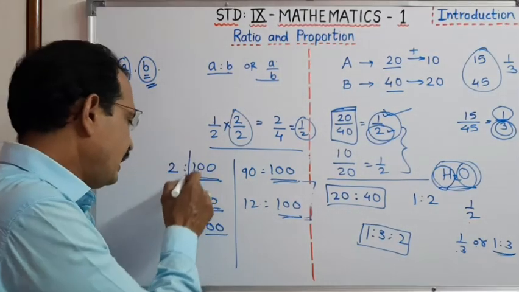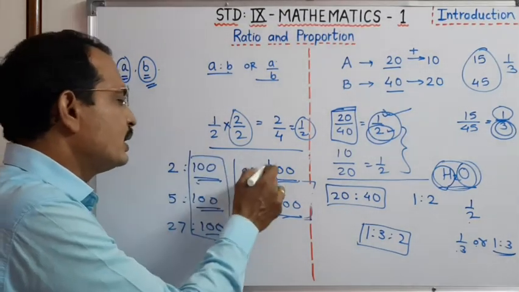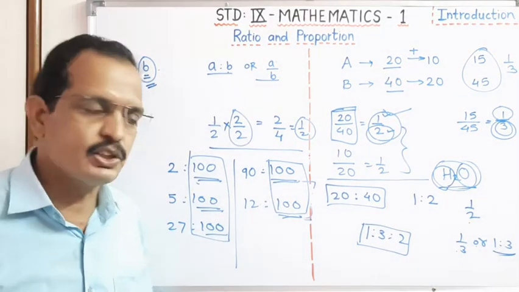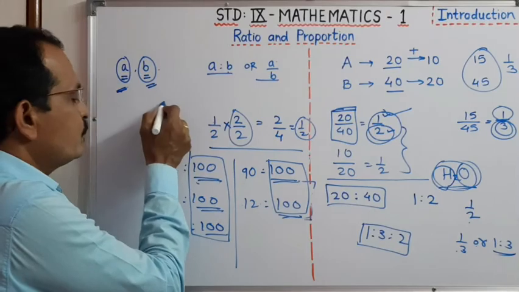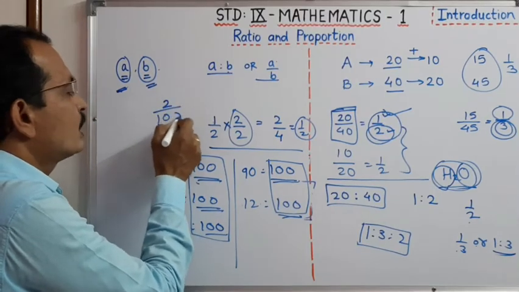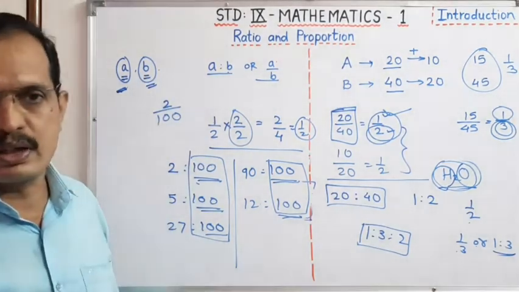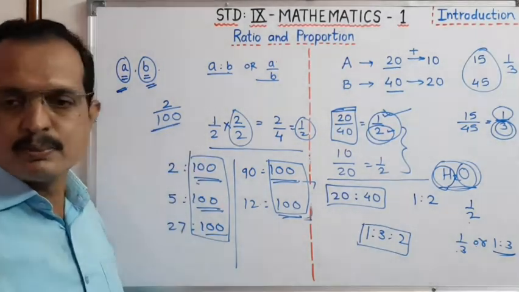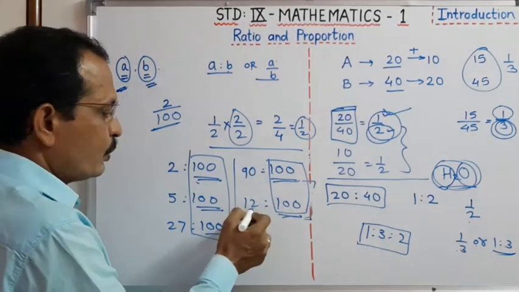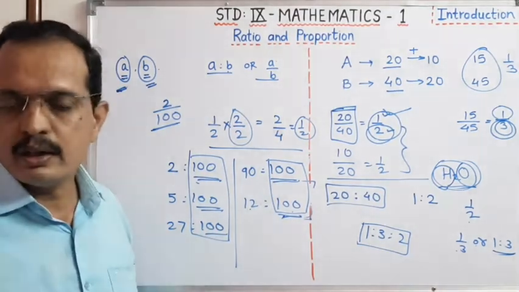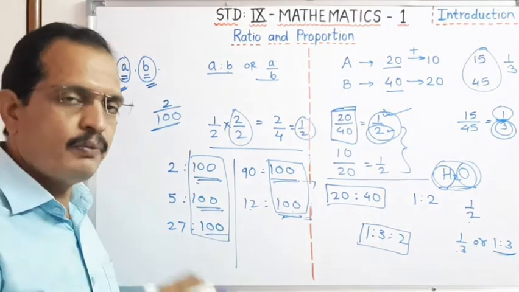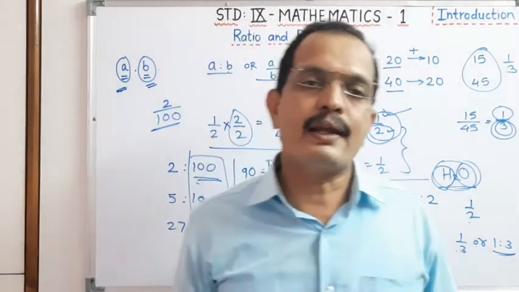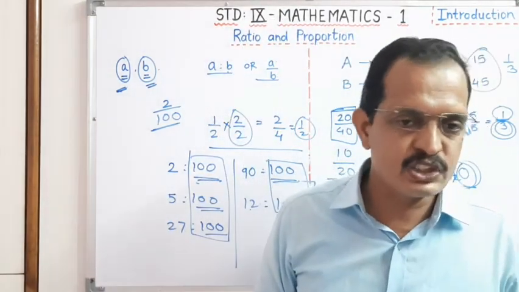We can write 2:100, that means 2/100, that means 2 out of 100. That is a percentage ratio. Out of 100 means percentage ratio. Here 12/100, out of 100 it is 12. Therefore, if in a ratio the second quantity is 100, then that ratio is known as a percentage ratio.